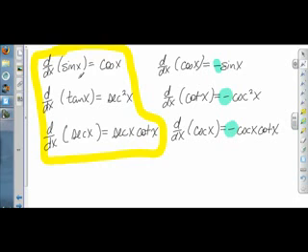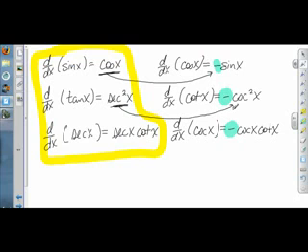So if you know the derivative of sine is cosine, then the derivative of cosine is the opposite of the cofunction for cosine. If you know the derivative of tangent of x is secant squared, then the derivative of cotangent x is the negative cofunction squared. So it's negative cosecant squared.